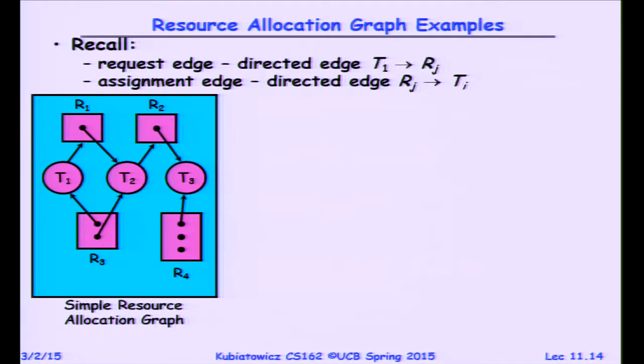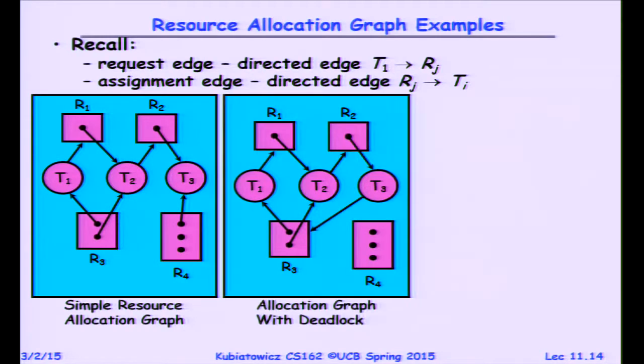Now, of course, the reason I bring graph theory into this whole thing in the first place is that here's a deadlock, right? Why is this a deadlock? Well, because there's a cycle in the graph. Here's T1, it's waiting for R1, R1's owned by T2, T2 is waiting for R2, R2 is owned by T3, T3 is waiting for some R3, but both R3s are tied up by T1 and T2.